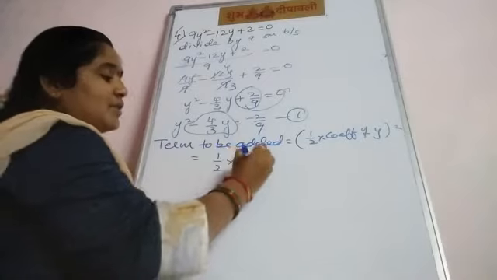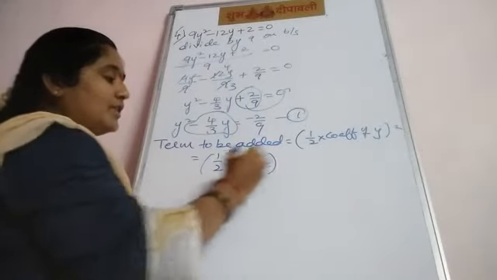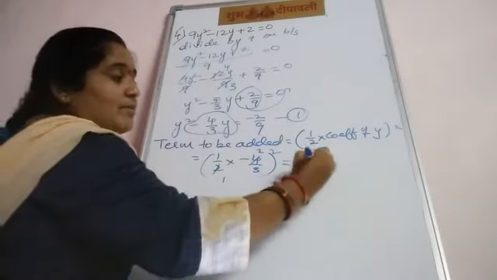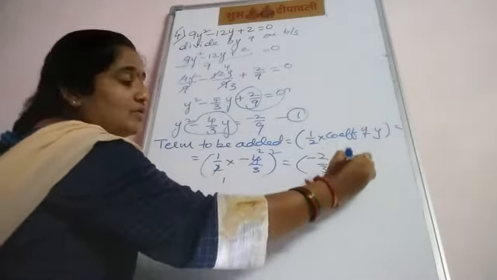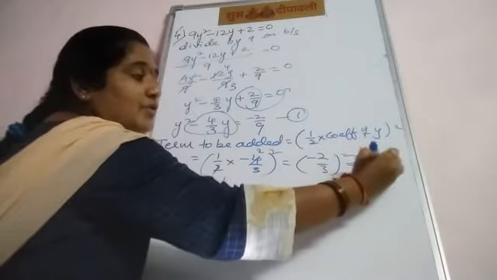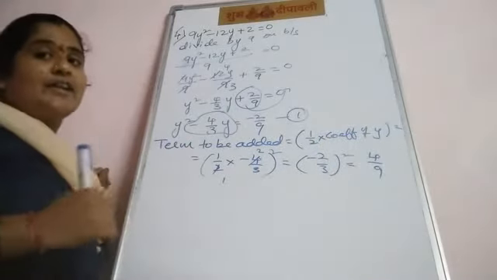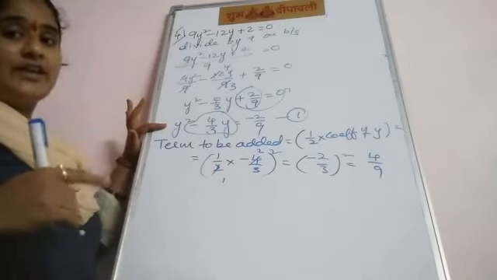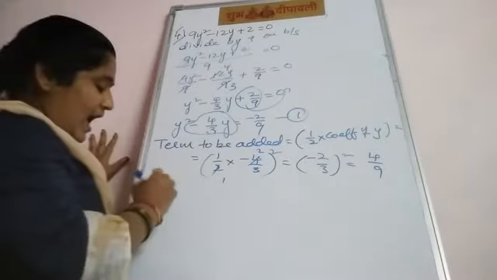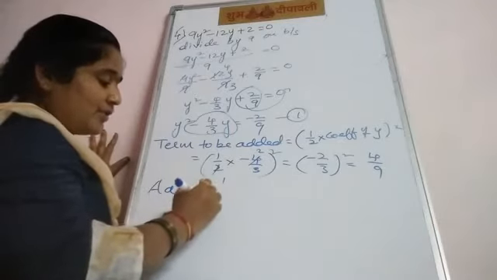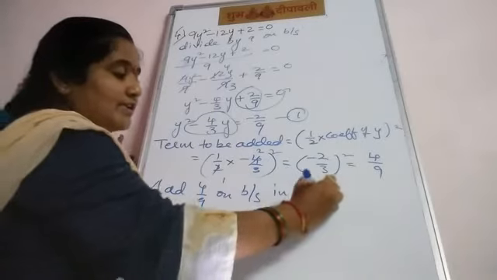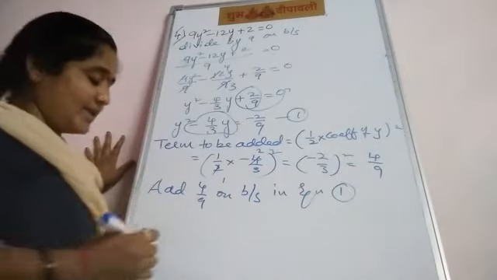(Half into -4/3) whole square: 2 ones are 2, 2 2s are 4, so (-2/3) whole square equals how much? 4/9. This 4/9 we add to the quadratic equation. In quadratic equation 1, add 4/9 on both sides.